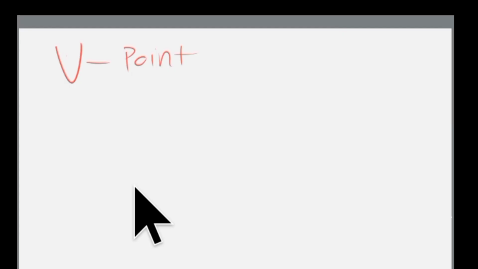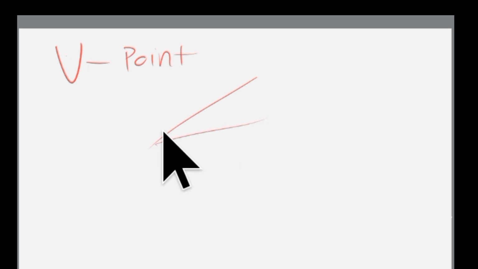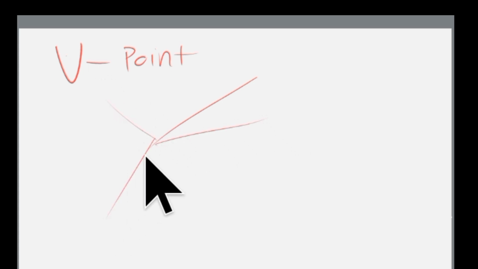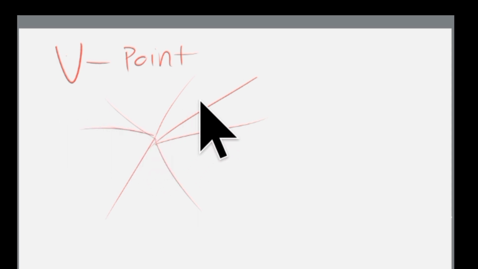So basically, a vanishing point is where everything appears to recede to. It is a single point. A perspective grid can have more than one vanishing point, since there are different types of perspective.